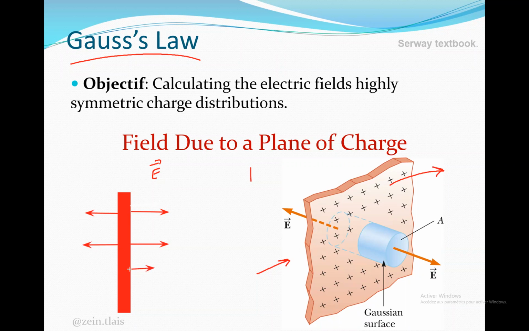This electric field is symmetrically distributed on the object. If the object has a negative charge, the field must go into the object, not out. So I gave you 3 examples, and we will talk about these examples in detail later in the next videos.